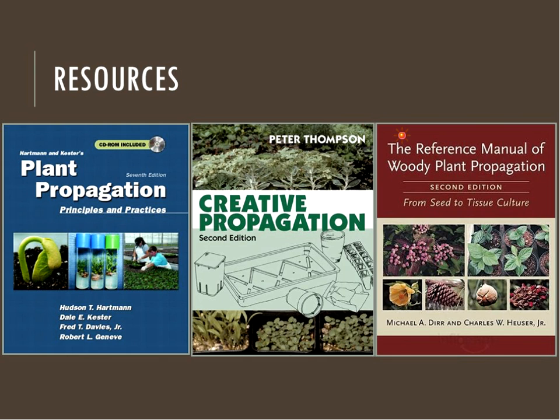The reference manual of woody plant propagation here on the far right, that's by Michael Dirr. It's set up very similarly to the manual of woody plants, which you're probably all familiar with. So it's listed by species, has really good detailed information about propagating woody plants only.